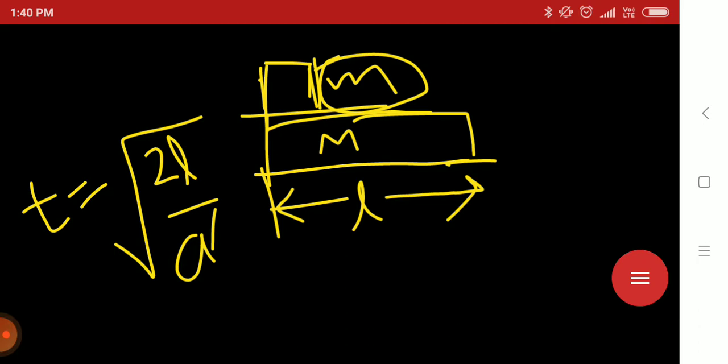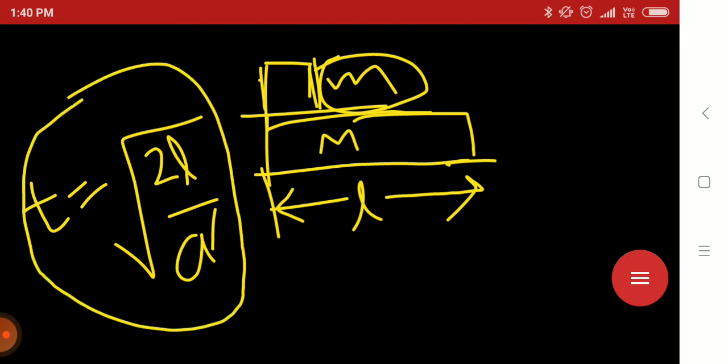You will get it from the kinematics: s equals ut plus half ft square, v equals u plus ft. From such kinematics, you will get t equals root 2l by A prime. So now we have to put the A prime value here.